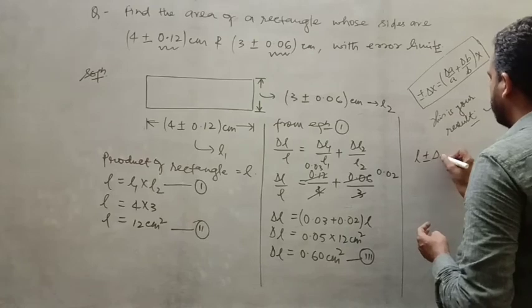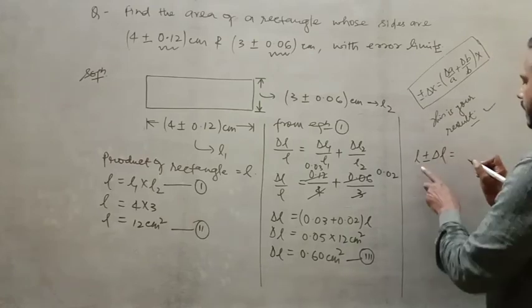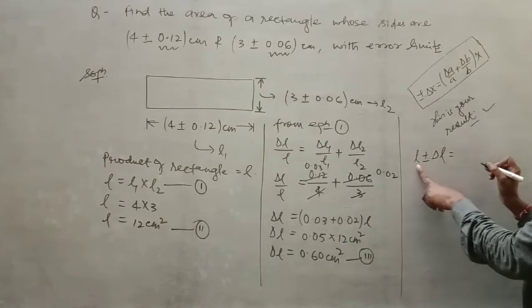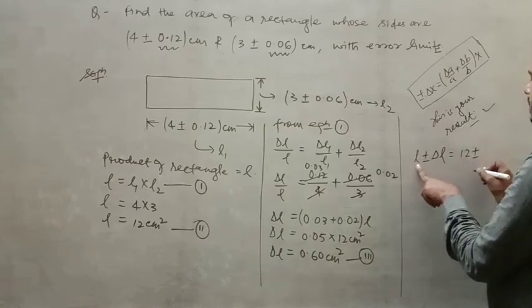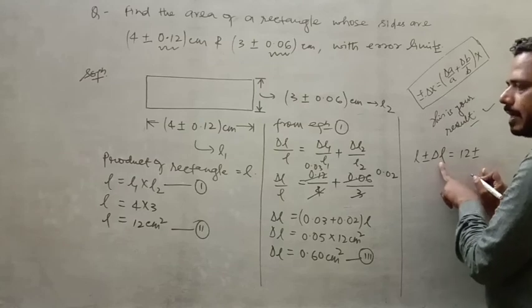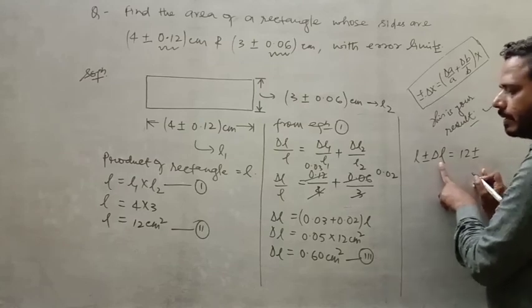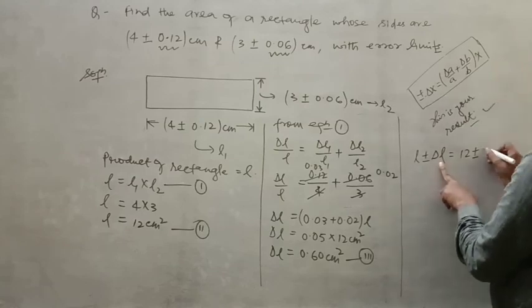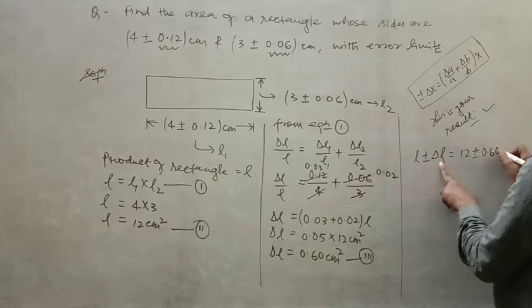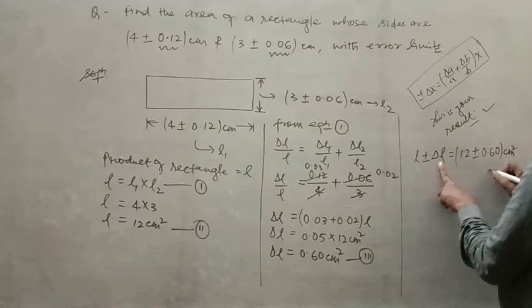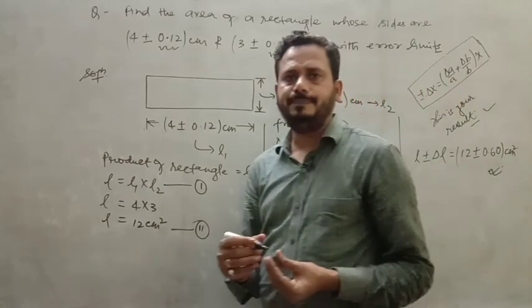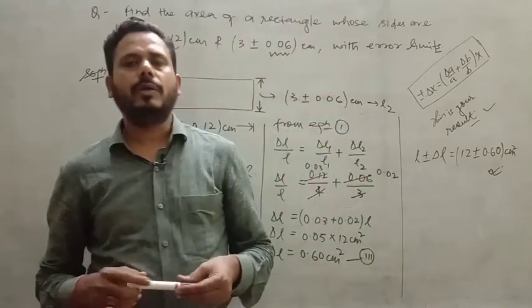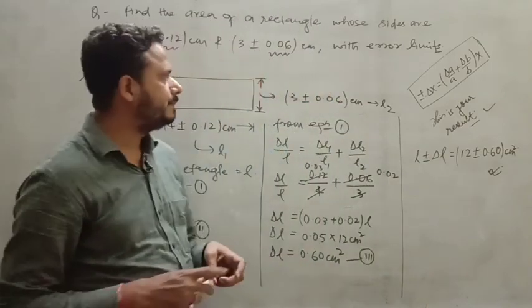L from equation 2 plus minus its absolute error, that is the error limits, from equation 3, 0.60. So this one is 0.60 square centimeter, and this one is your result. Alright. So this is the way by which you can find the area of the rectangle.